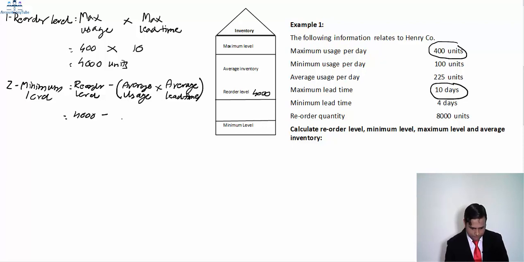Then we have our average usage. Our average usage, as for example, is 225 units per day, and our average lead time is 7. We are taking the average of 4 and 10 over here.